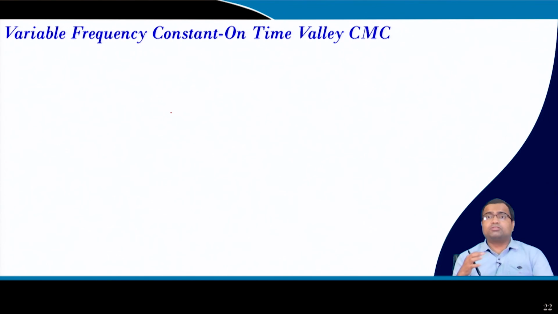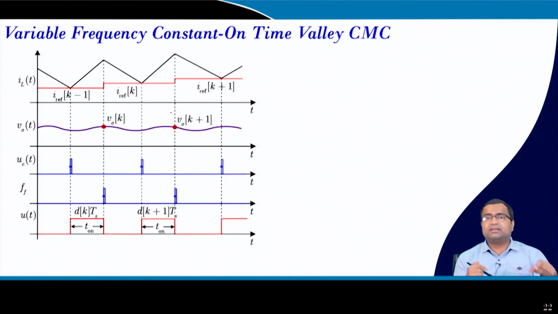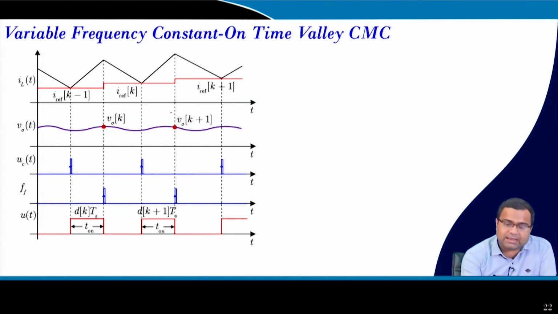And if you go to constant on time control, it is also a variable frequency control, as we have learned. Again we can use this event based algorithm. For constant on time, we generally take the sample before the switch turns off, because the on time comes from our monoshot timer.